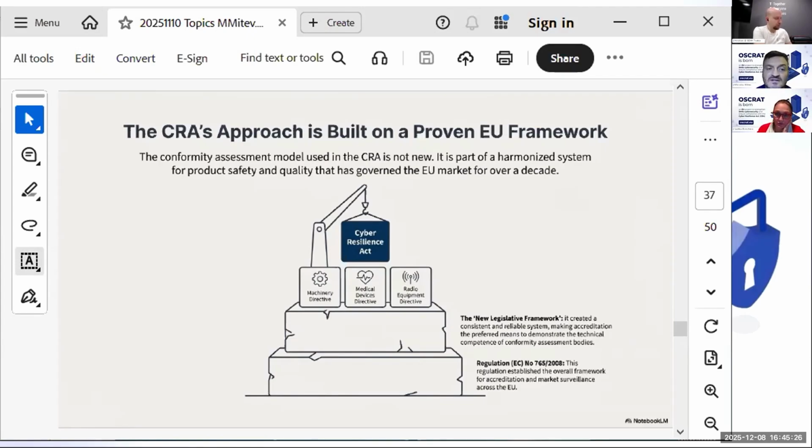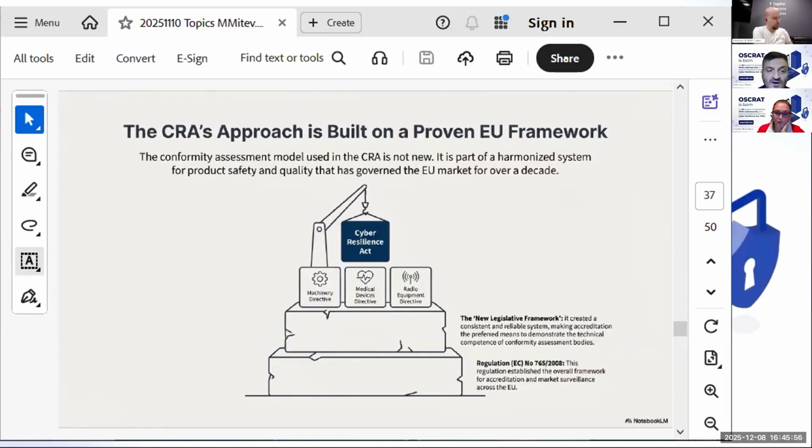These systems have helped regulate the EU market for more than a decade. The CRA uses the same structure called the new legislative framework. This framework creates a consistent and reliable system for accreditation, for compliance checks, and for surveillance by national authorities.